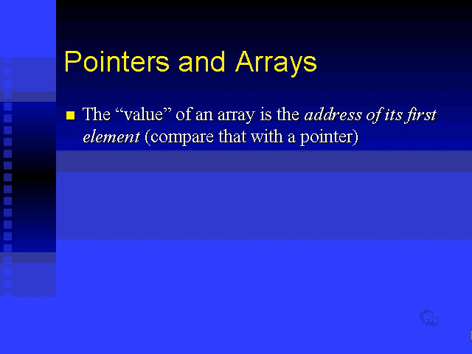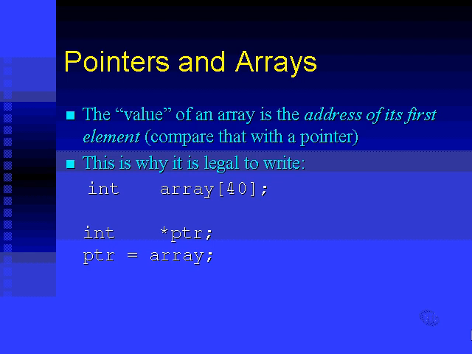Now let's have a look at that in a bit more detail. It is actually legal to write the following. Now, you've probably seen this before. If you have 40 integers in an array and a pointer to an integer, you can simply assign the pointer to point to the array. The reason that can happen is because the value of the expression array on the last line there is simply the address of its first element.